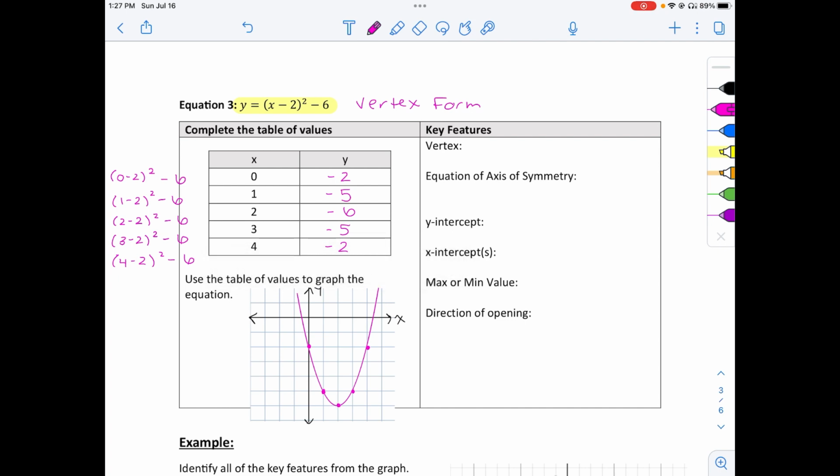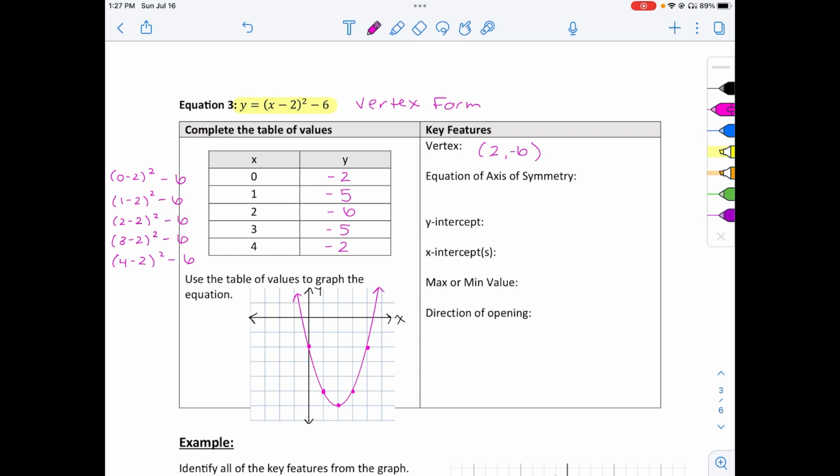Okay, so then I would have this, and then I'm going to extend on either side here. So the vertex is going to be that lowest point there, which is 2, -6. You might notice I said this equation is called vertex form. Maybe look at the numbers there. I'm sorry, this is 2, -6.